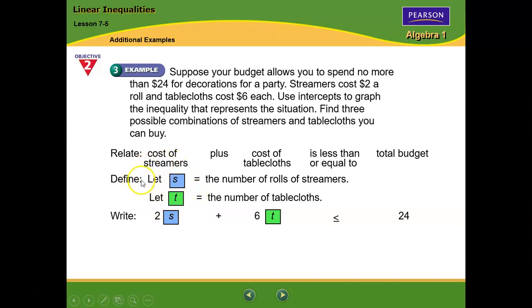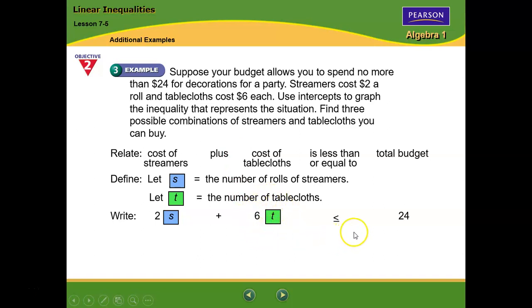Now, from the word problem, what do they say about the rolls of streamers? They tell us right here that streamers cost $2 a roll. So that means 2 times S gives the cost of the streamers. They tell us that tablecloths cost $6 each. So every time we buy a tablecloth, our cost increases $6.